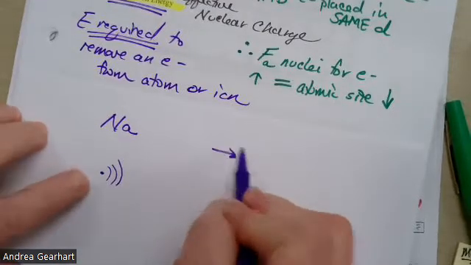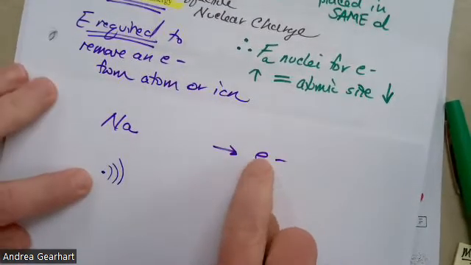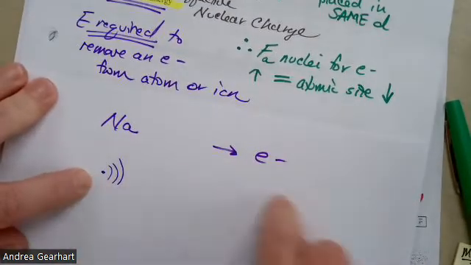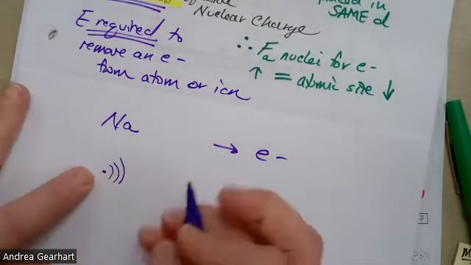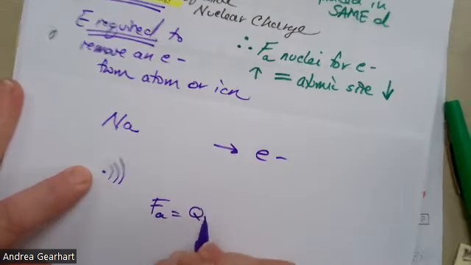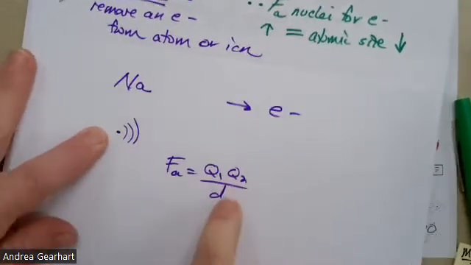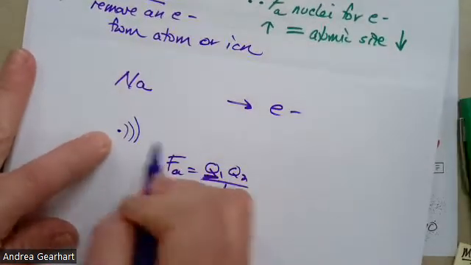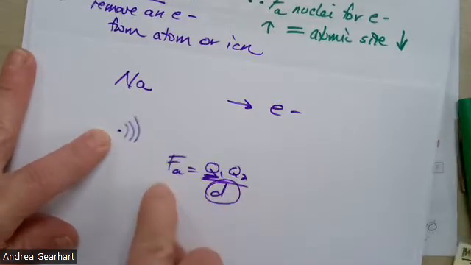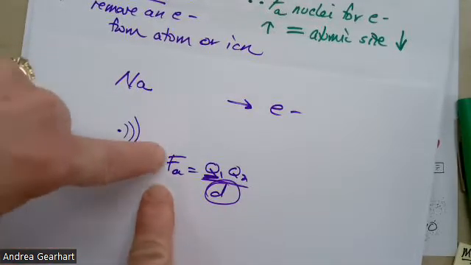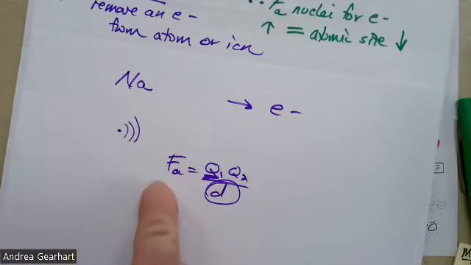We are trying to remove one, so we have to invest energy to kick it out, because it's being held by the nucleus. There's a force of attraction, and based upon the strength of the nucleus and how far those electrons are, the ionization energy is what we're adding to overcome that.